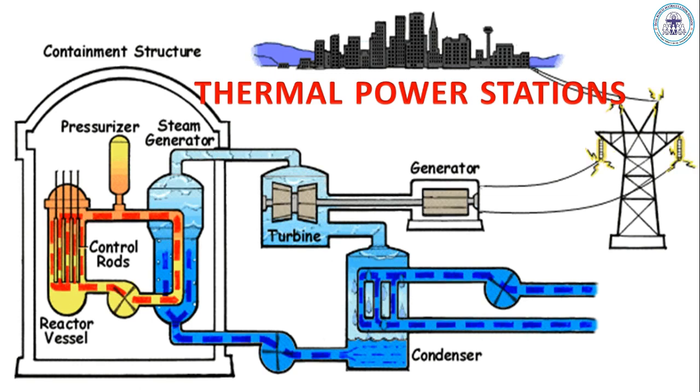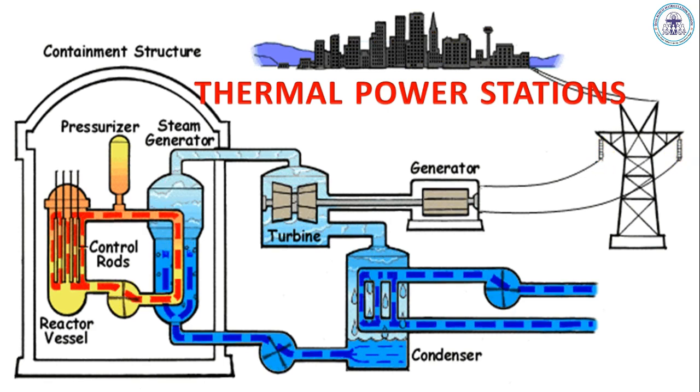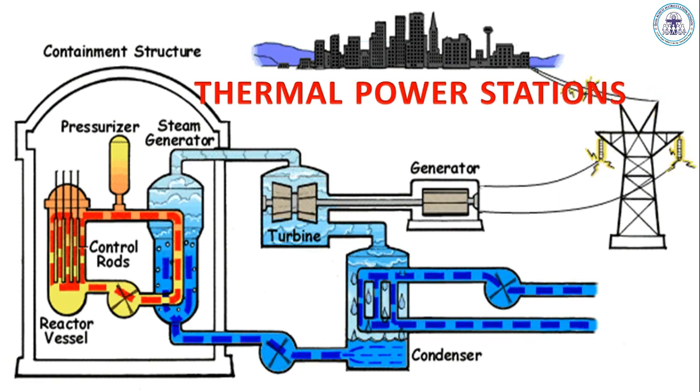Thermal power stations. In a thermal power station, the thermal energy, which means heat energy, is generated by burning coal, diesel or gas, which is used to produce steam. The steam thus produced is used to rotate the turbines, that is, a rotary engine activated by the reaction of a current of fluids.